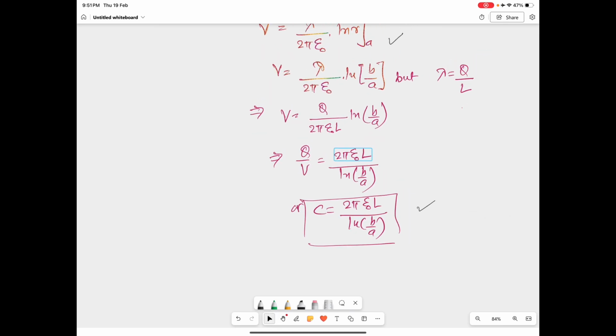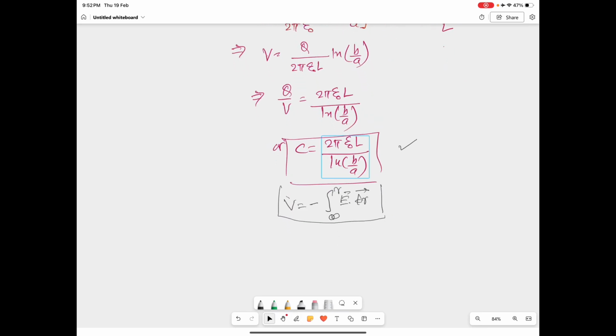Now another thing, we know that V is nothing but minus the integral from infinity to R of E dot dr. If somehow we can make some variation in the electric field between the two conductors, we can reduce the electric field.